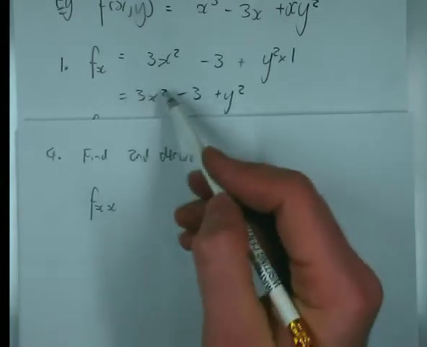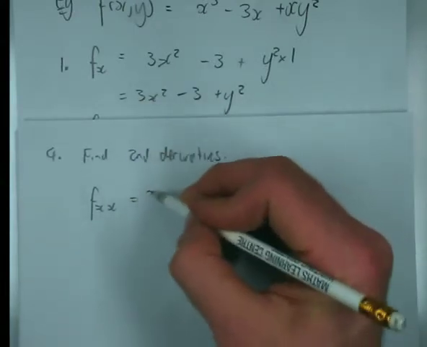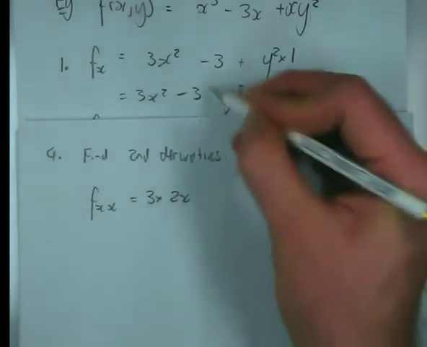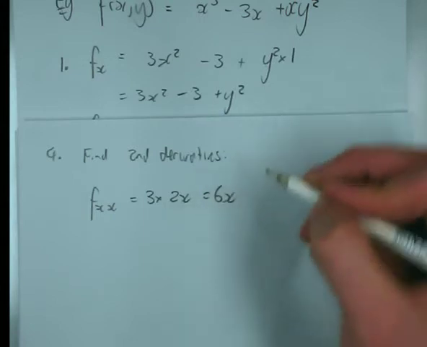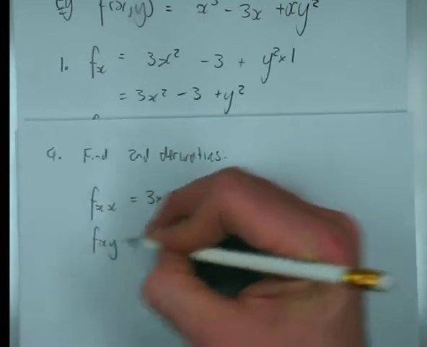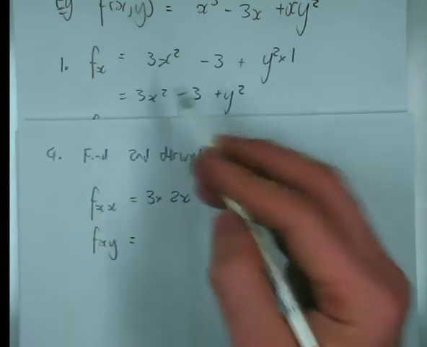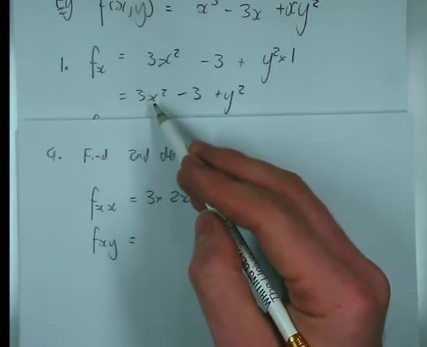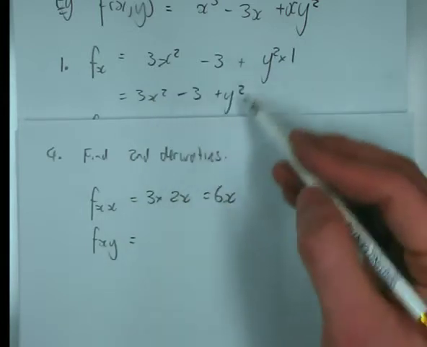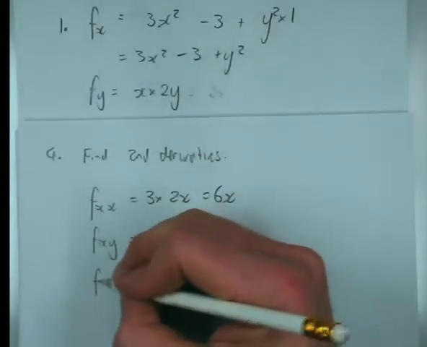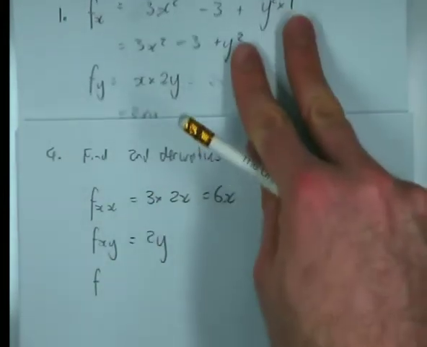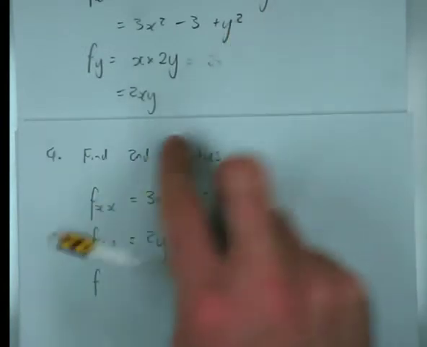So let's see. The 3 is a constant, and I'll get 2x. That's a constant, so it disappears, so I just get 6x. fxy, if I differentiate with respect to y, that doesn't have a y, so it's a constant, so it disappears. That'll give me 2y.